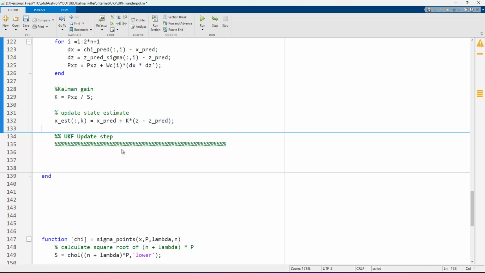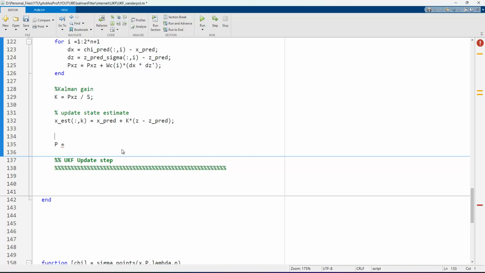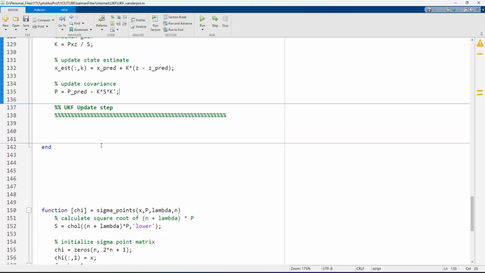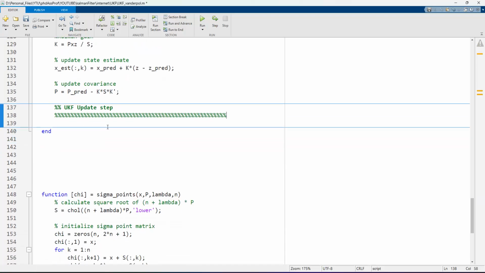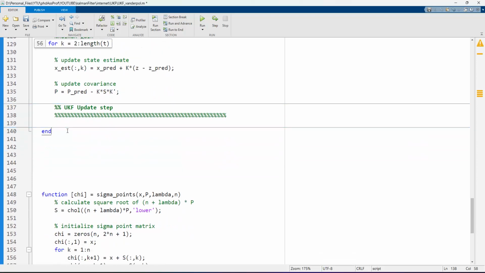Okay. And also we need to update the covariance matrices in here. Update covariance. Okay. P pred minus K times S times K transpose. Okay. These are the UKF code for the prediction and the update state.